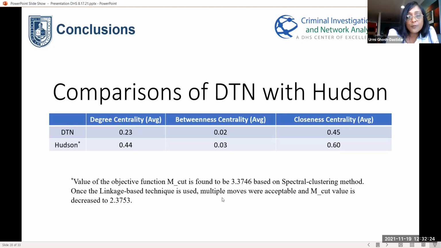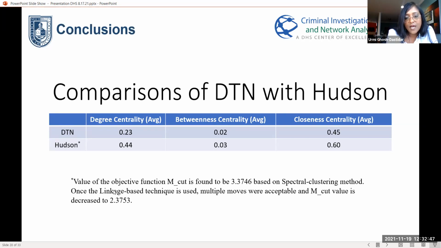What interesting thing we observed here is that we used the spectral clustering method for the higher density Hudson River network. With the original data using the spectral clustering method, we found the MCUT value is 3.3746.